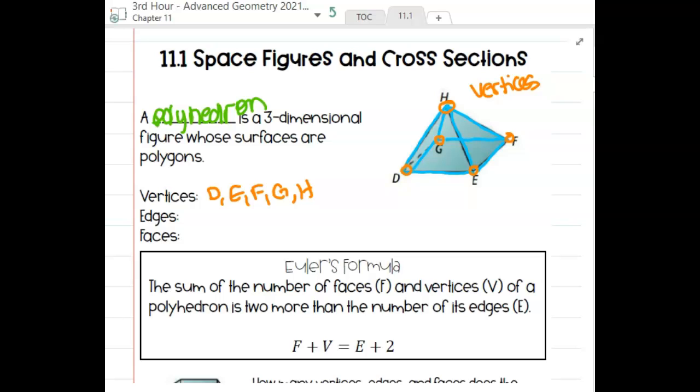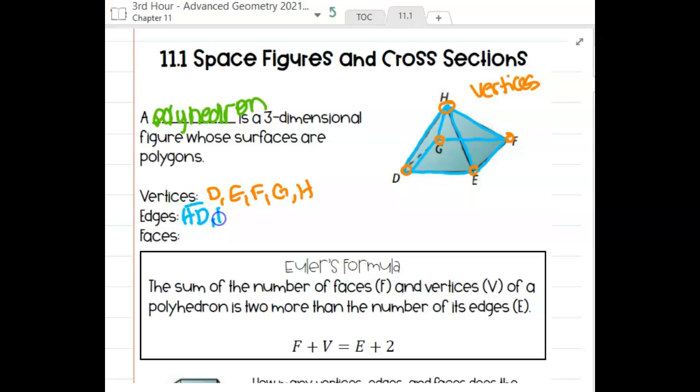Now, if I wanted to name the edges, what kind of geometric figure or thing are the edges? Segments. They're segments, right? So if I wanted to name them, we would name them by their endpoints. If I wanted to start with these 4 that are around the edge, we could call one HD, and remember, whenever we name segments, we put a little line over the top.